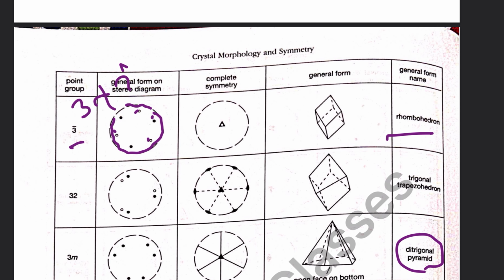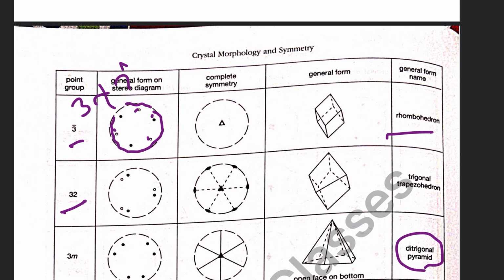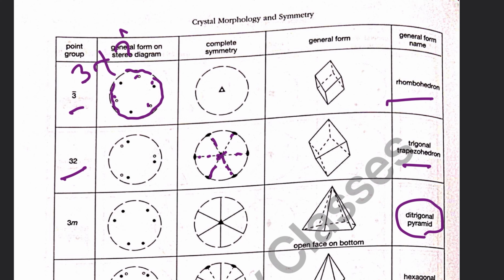Rhombohedral class. 32, it is trapezoidal class, trigonal trapezohedral class, trapezium-like faces, and 1 axis of 3-fold, 3 axes of 2-fold. These are the axes of symmetry parallel to axis of 2-fold symmetry.